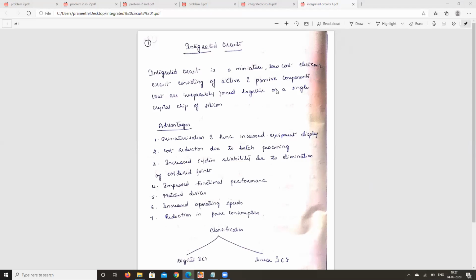Actually, from this second unit, we'll be discussing ICs. The second unit will completely discuss the basics of the operational amplifier.